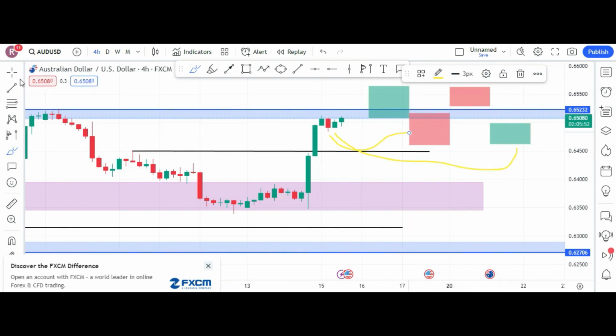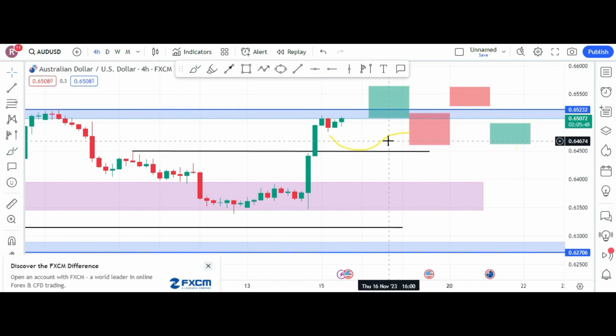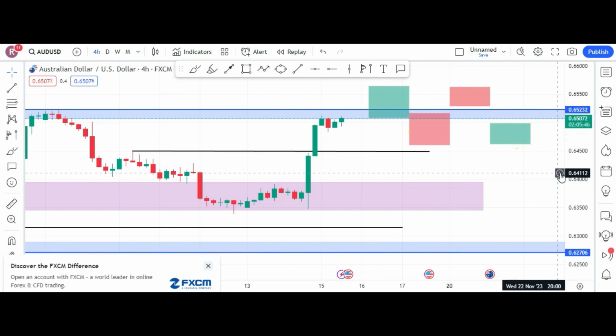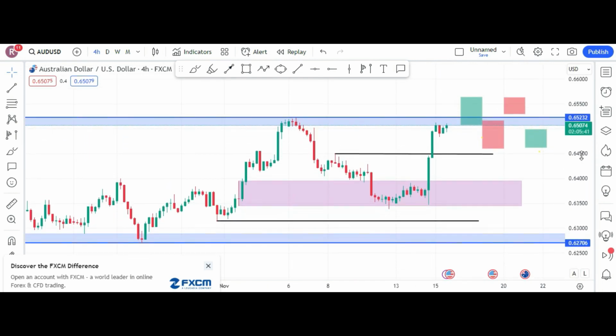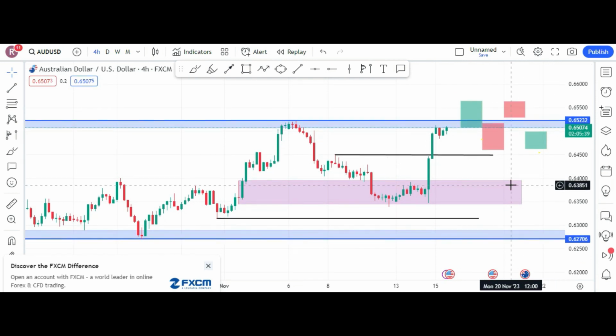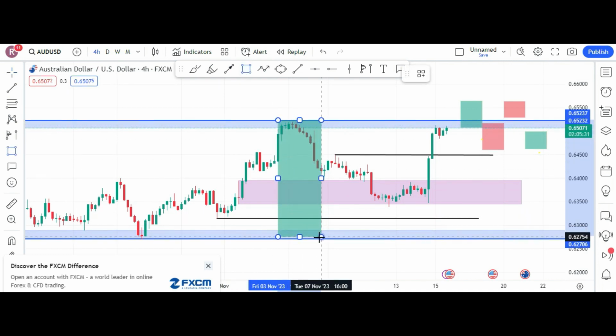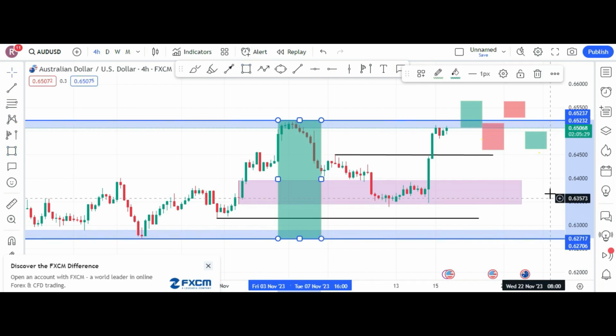Now the second question is this. Once you determine that yes, it is a long or it is a short, now how long will you keep the trade? Now you can see the depth of this channel is from here to here. If we measure the depth of the channel, can you see, guys?